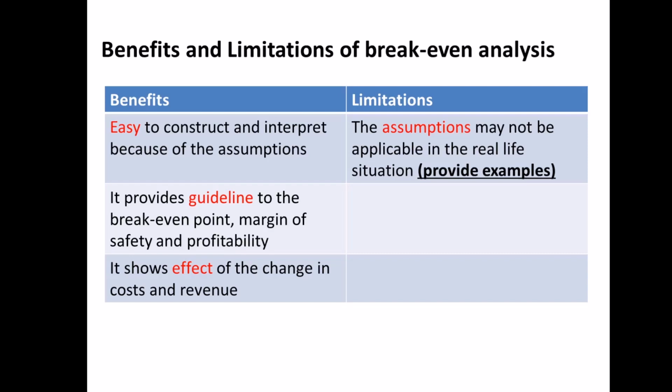Because we're using the assumptions, it's easy to find a reference from that break-even point. And because of that break-even point, it gives you a guideline: how many outputs you should sell, and how much more sales remain in the buffer before you incur a loss, based on the margin of safety.